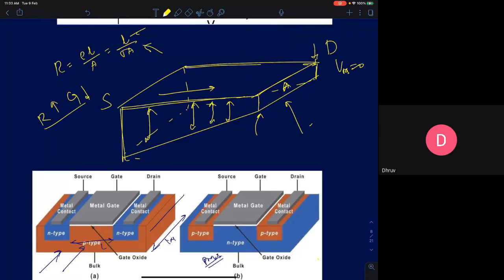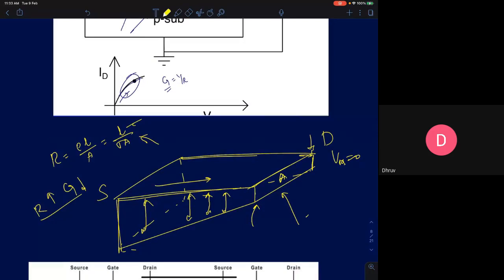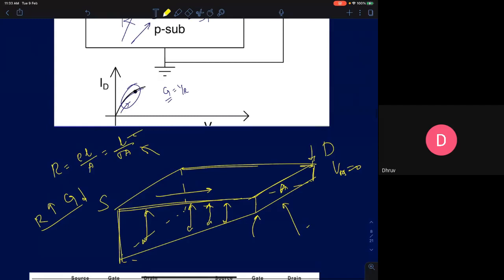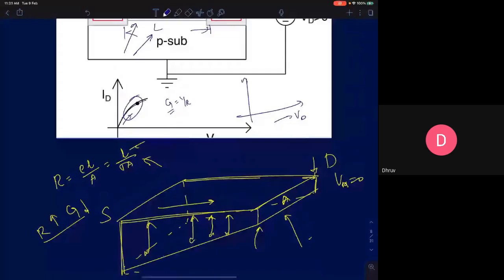Now, I'm increasing the drain voltage. I'm interested in knowing how my drain current is changing. Okay, so that change in the drain current can be obtained by the knowledge of incremental resistance. Let's see, the graph is nothing but if I'm plotting a graph ID versus VD, if I know the profile with which the current is increasing or decreasing, then I will know the incremental resistance.